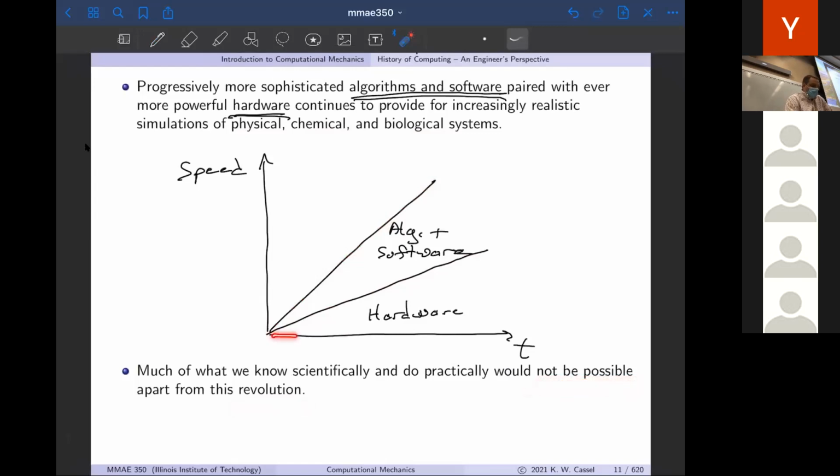And again, I mean both of these, not just the hardware improvements, but the software and algorithm improvements as well. So the hardware is for someone else to worry about, we just take advantage of it, but this is our focus, coming up with better algorithms to take advantage of the new hardware.